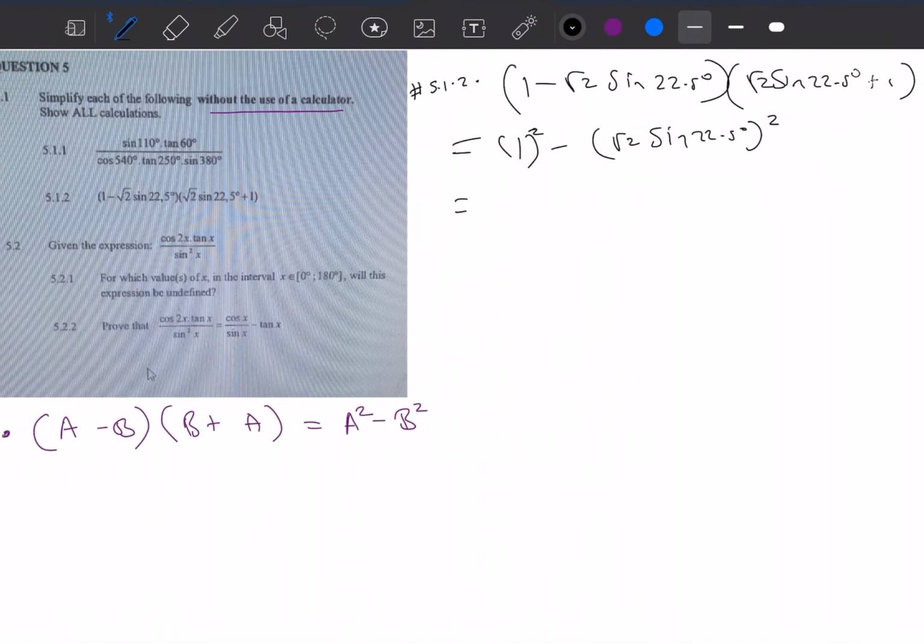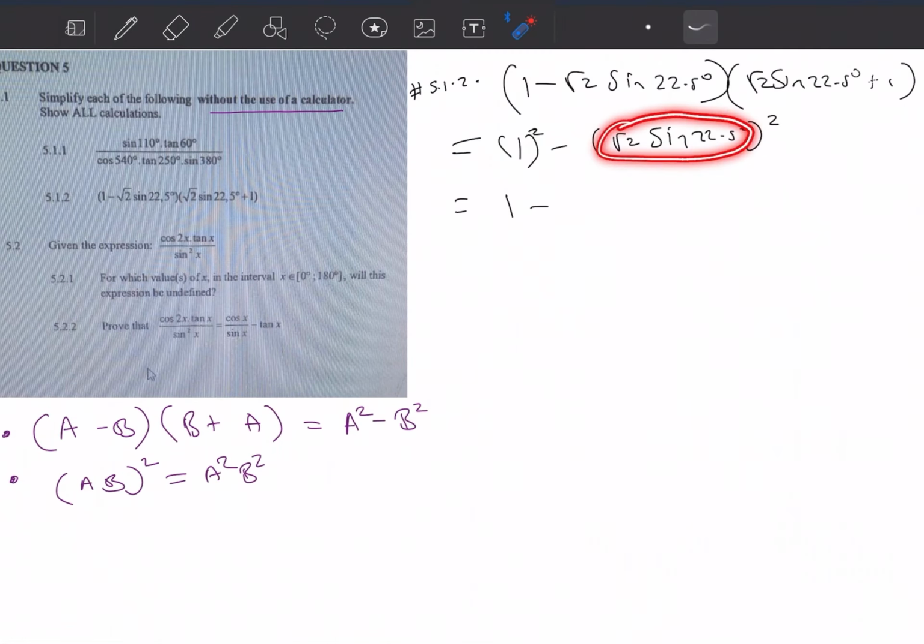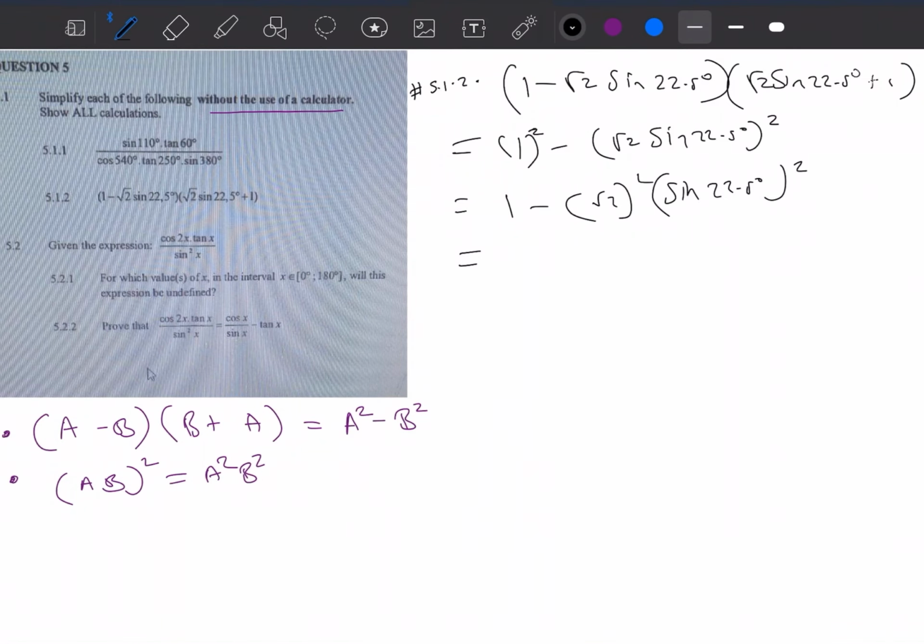So 1 squared is 1. We need to know as well the algebra that (ab) squared is a squared b squared. Therefore, root 2 sine 22.5 degrees squared is equal to root 2 squared times sine 22.5 degrees squared.